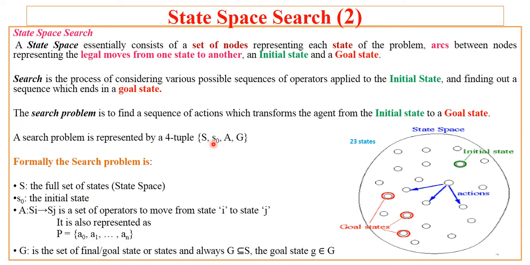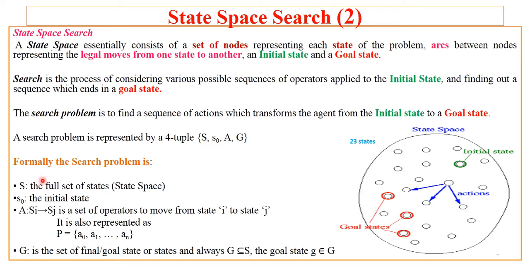If we see these different problems, we'll find that we need a proper formulation of all these different problems in a common way of representation. That common way of representation is done using these four tuples, that is S, S naught, A and G.